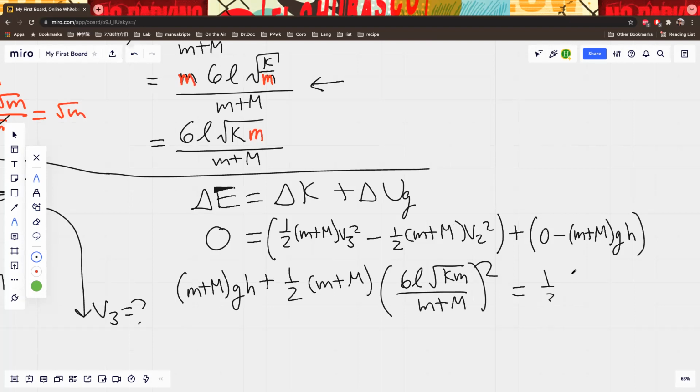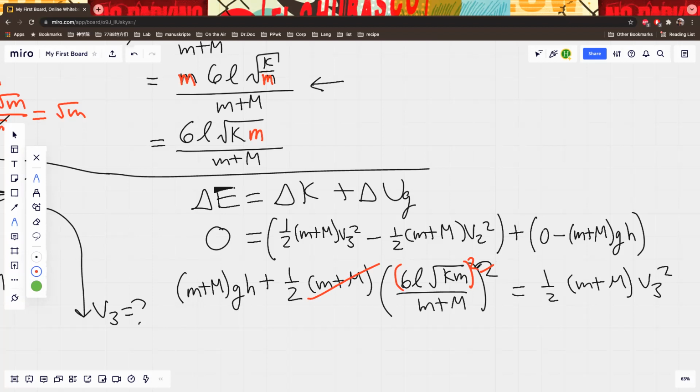That equals half times m plus capital M times v3 squared. Cancel this with that, and then we square this.